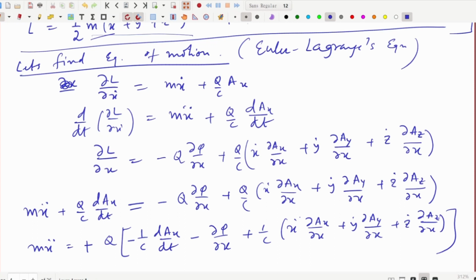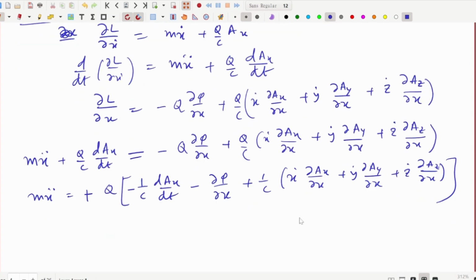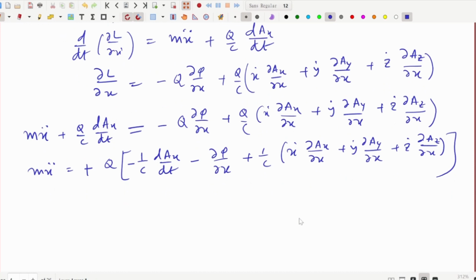So, I have taken q outside and put all the expression on the right side.